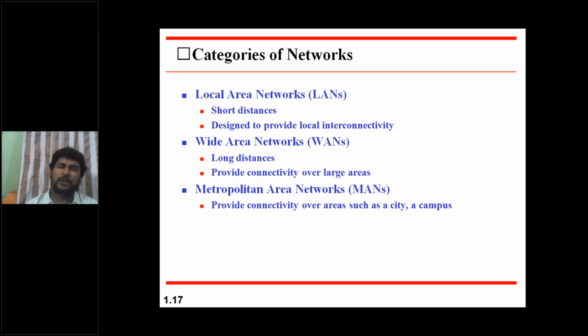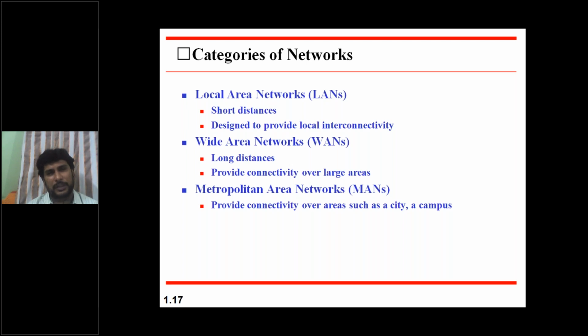Now, if you are talking about a simple network connecting devices within a building or between two buildings in the same premises, then that kind of network is referred to as a local area network. But in the same scenario, if you are trying to connect two buildings or two offices of a particular company which are located at two different places in the same city, then the type of network is called a metropolitan area network.